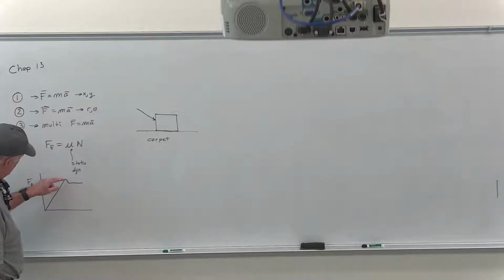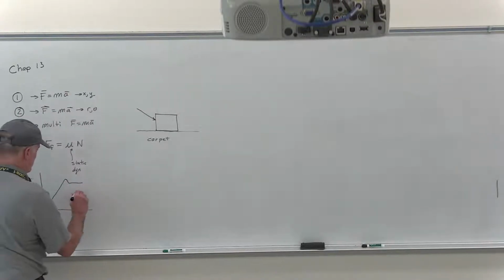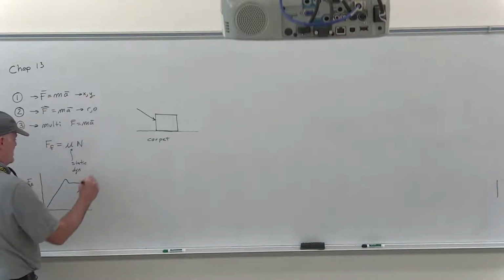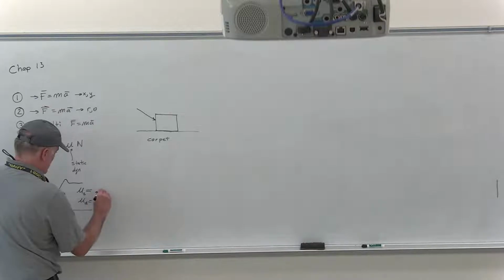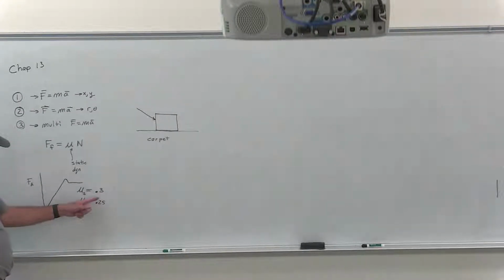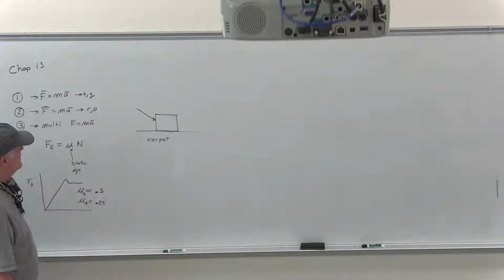Then after you've got it broke loose, it takes a little bit less. So this might mean that the dynamic friction, let's just make it for this problem, the static friction is maybe 0.3, and maybe it's 0.25. Probably wouldn't be that far different, but it doesn't really matter.